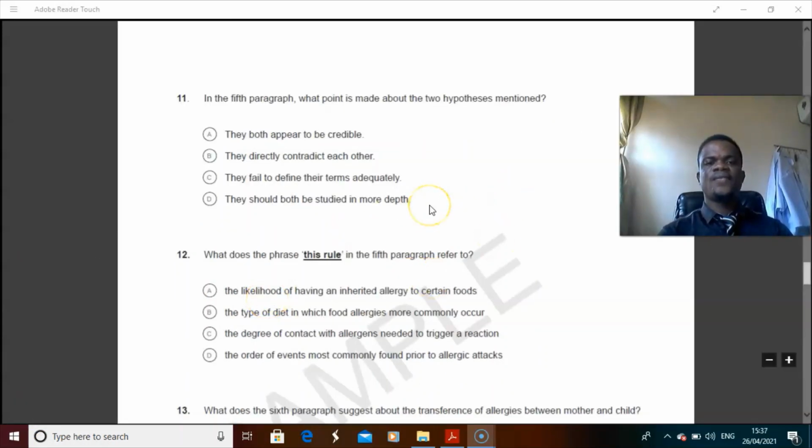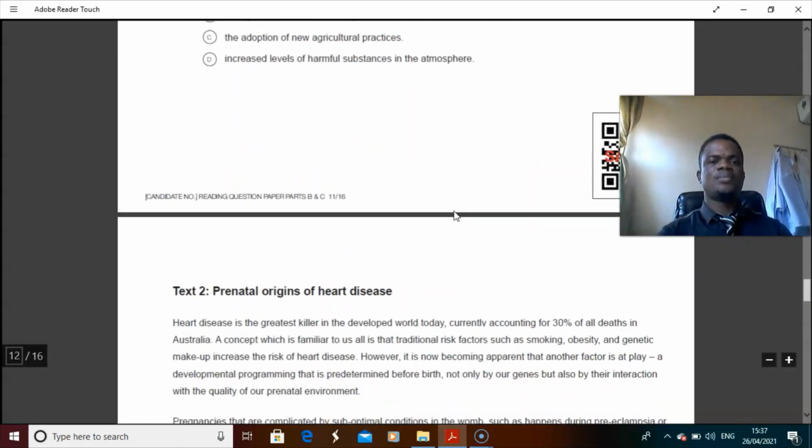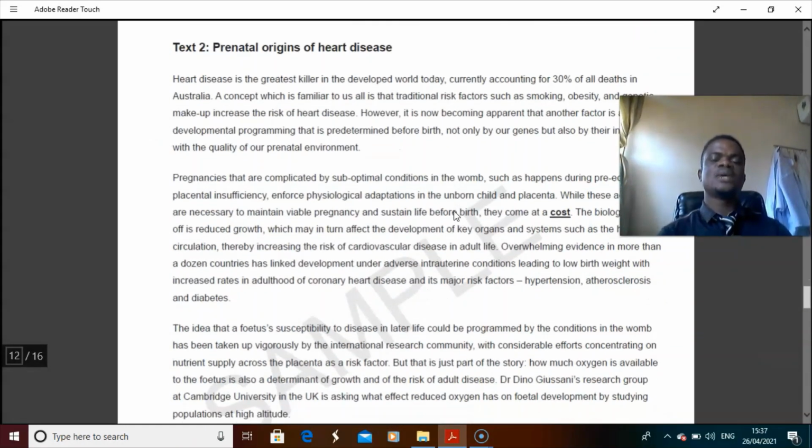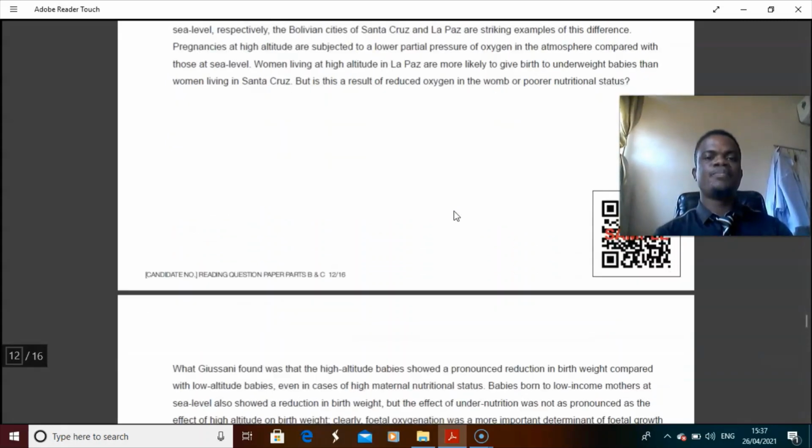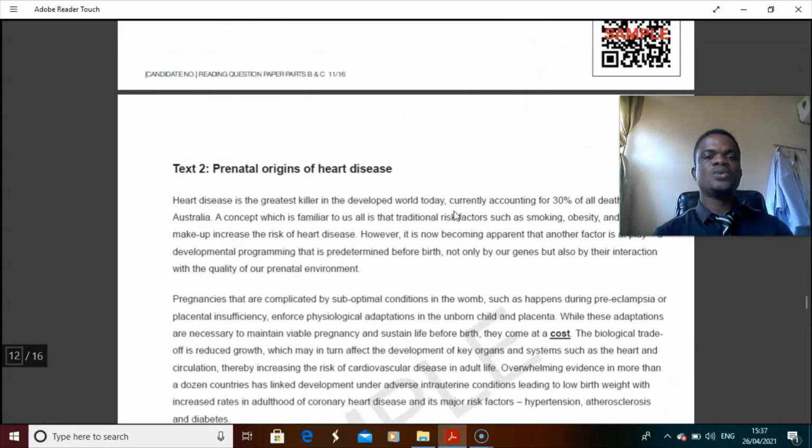All right, when you are done with the first passage, you also move to the second passage and do the same thing. You read the question, you go to the first paragraph, you look for the answer, you go to the second paragraph, third, just like that. Just follow it sequentially.